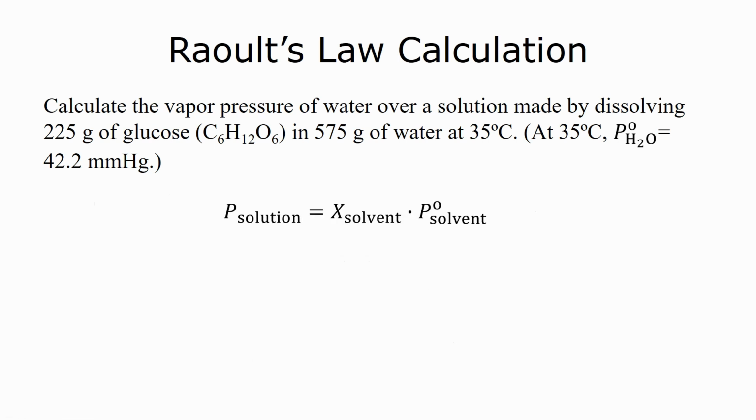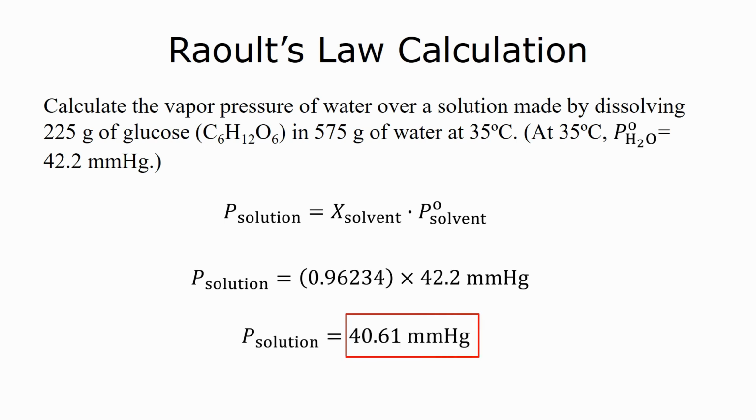Now that we have the mole fraction of the solvent, we're going to multiply that times the vapor pressure of pure water. Because we have no other units other than millimeters of mercury, the vapor pressure of this glucose solution is actually 40.61 millimeters of mercury. And as expected, it has gone down, because as we add particles to a pure solvent, we lower its vapor pressure.